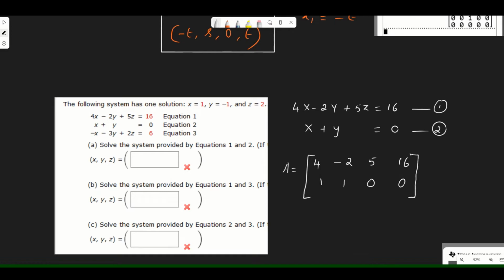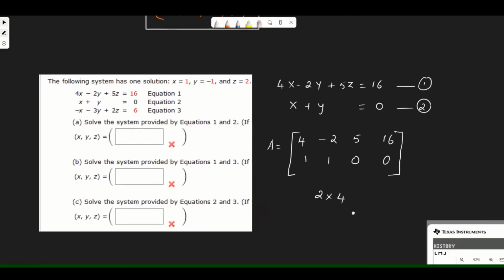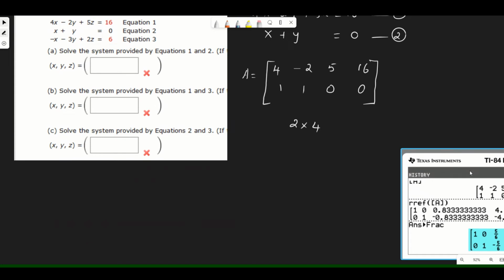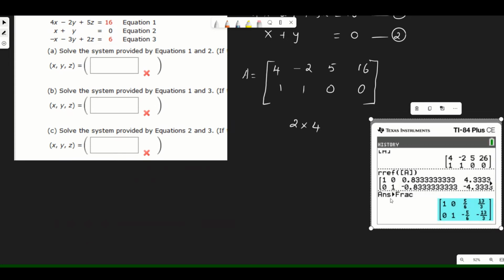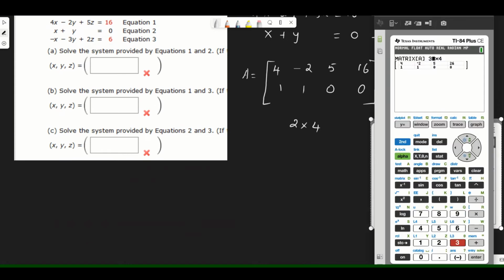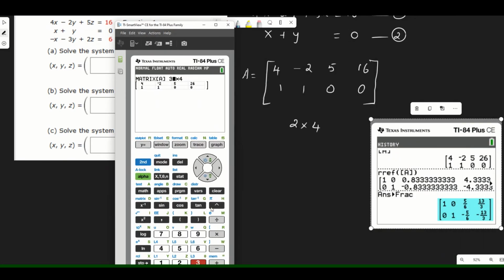So I have a matrix A which has 2 rows and 4 columns. I'm going to enter this matrix A in my graphing calculator. So if I select my graphing calculator, say matrix, I'm going to edit the matrix A.